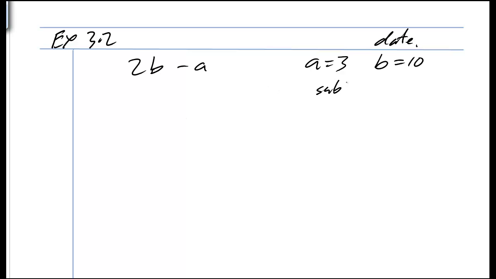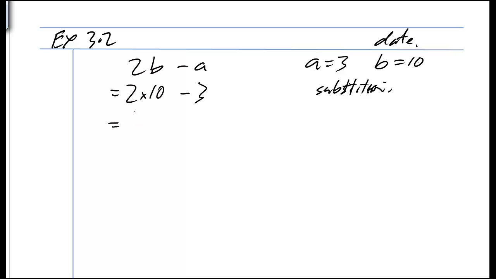So substitution is when you get numbers and you put them in for the letters. So if you've got 2b minus a and you substitute the number 3 wherever you see the letter a, and you substitute the number 10 wherever you see the letter b, you get this. 2 times b is 10, take a is 3.